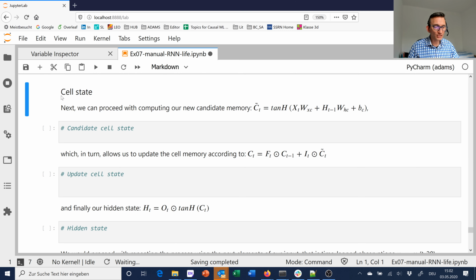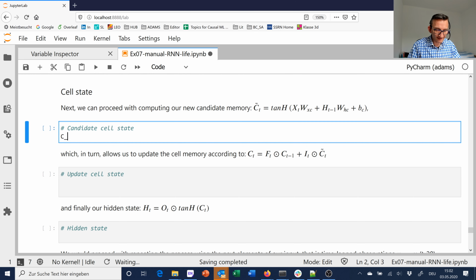Let's look at the next equation that we see in the LSTM, the cell state, where we start with a candidate cell state. Let's say C, this is C tilde. Okay, and apparently that is to be calculated as the hyperbolic tangent, so we need tanh. And then we have our input, but in a dot product, so np dot x by W, sorry, I keep confusing W and V. German, it's V. In English, obviously not.